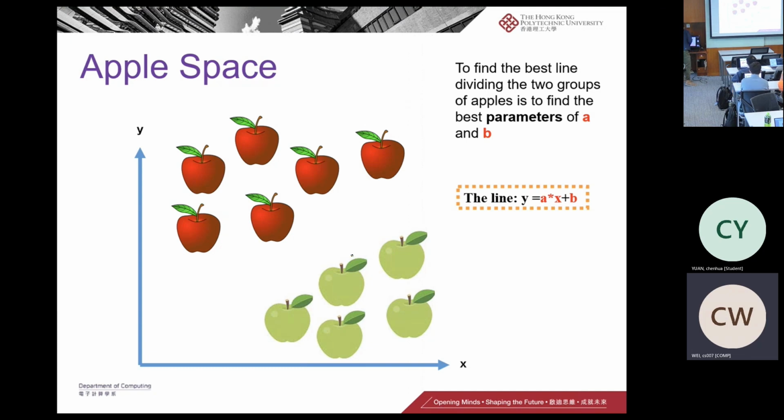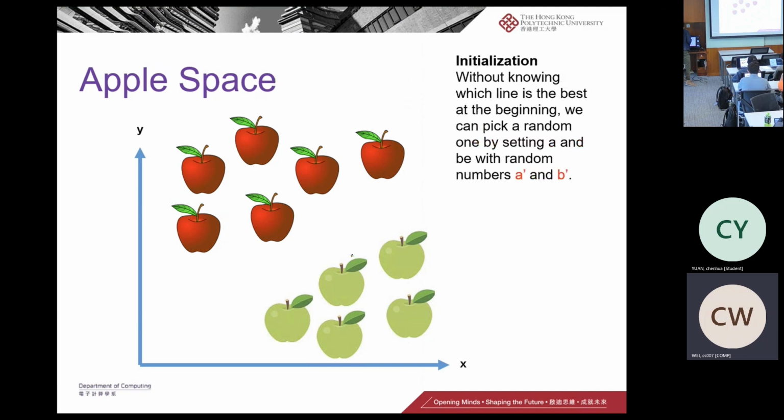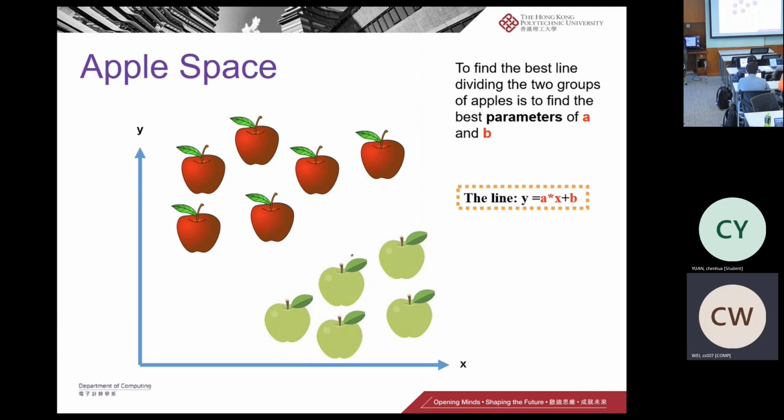And from here, the thing is, we don't know which line it is. We have to figure it out by selecting the right A and B, right? Because this is what we had last time.